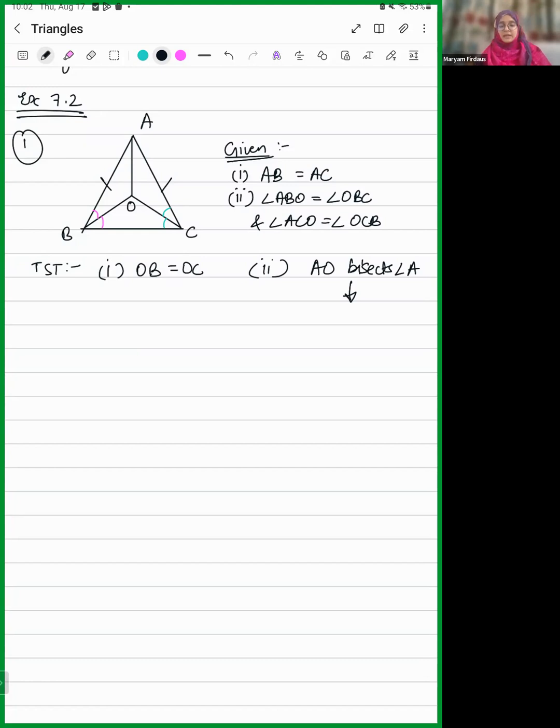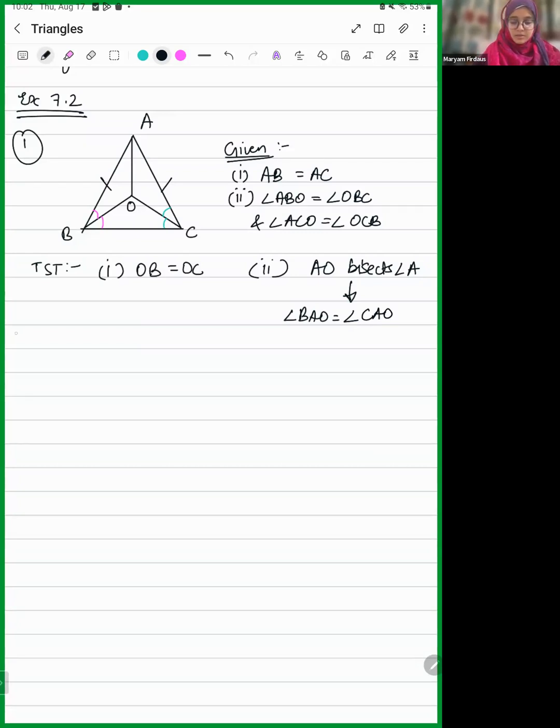AO bisects angle A. How can we write it in an equation form? Angle BAO is equal to angle CAO. This is what we have to show.